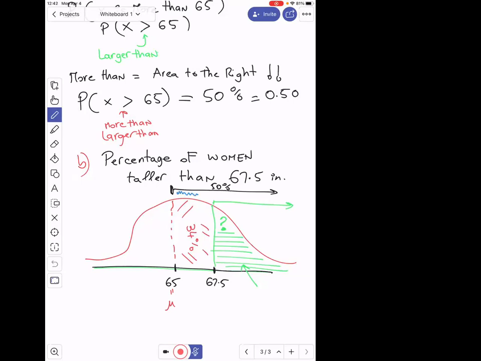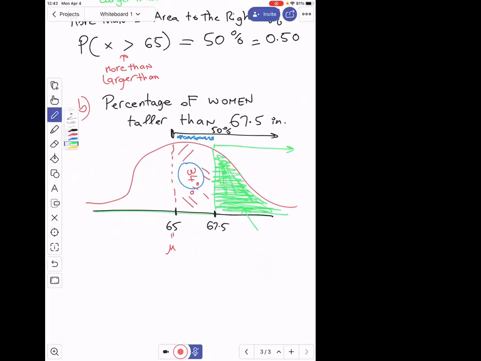That's the 34%. So the difference between 50 and 34 would be exactly my green region, the area of the green region.